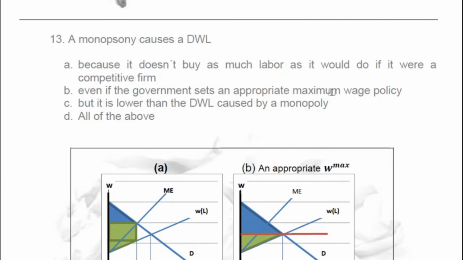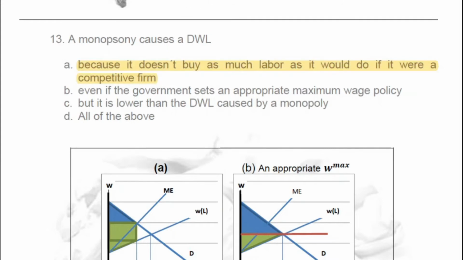So this is false because I should have put here minimum wage, not maximum wage. Sorry, it's lower than the deadweight loss caused by a monopoly. This is stupid. We can't compare what a monopoly causes in this sense or a monopsony causes.